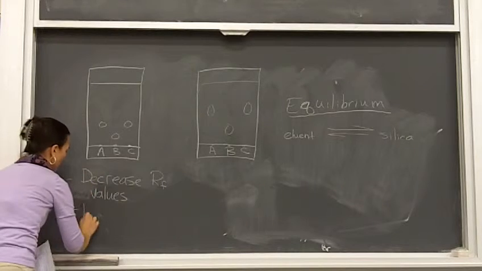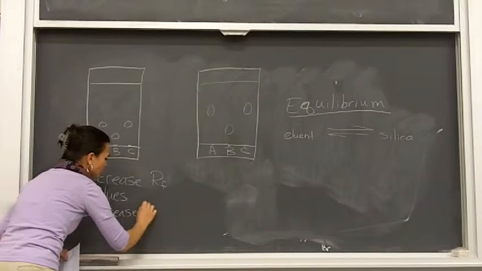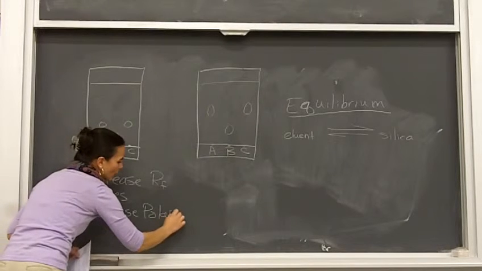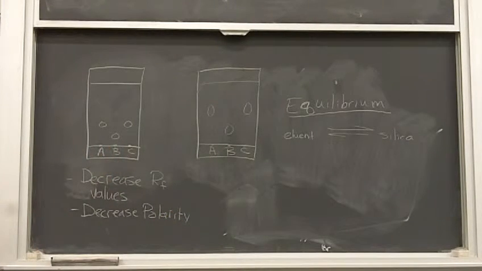Decrease the polarity. So say we had our 1-to-1 hexane ethyl acetate. Would we want more hexane or would we want more ethyl acetate? We'd want more hexane, right, to decrease the polarity because the hexane is less polar than the ethyl acetate.